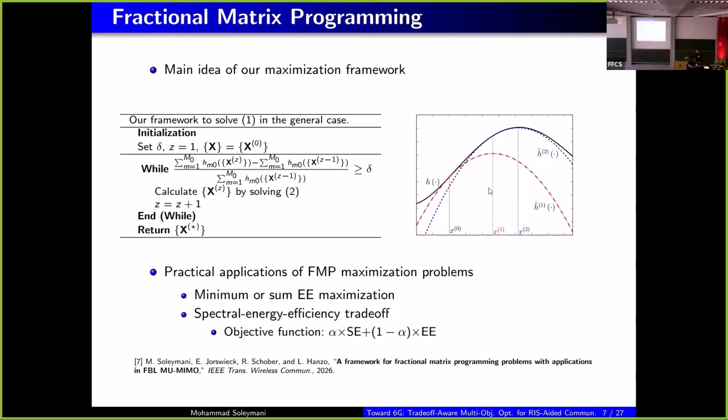So you start with an initial point, you transform the complicated fractional programming problem into a convex one using the surrogate functions that are given in the paper. Then you easily solve this problem and find a new point, for instance, x1. You repeat this procedure until you get convergence.